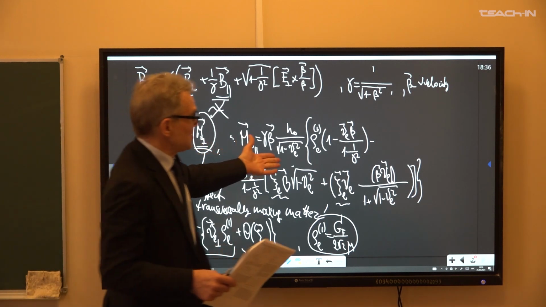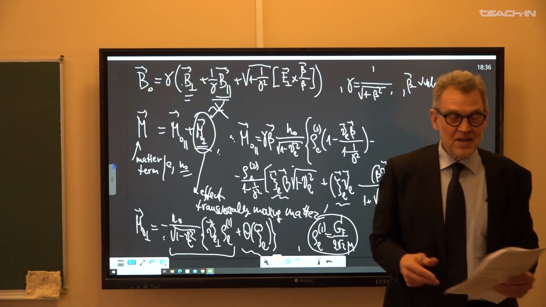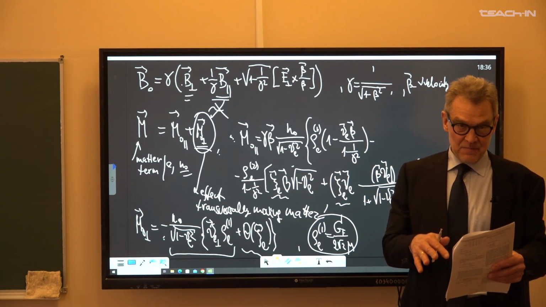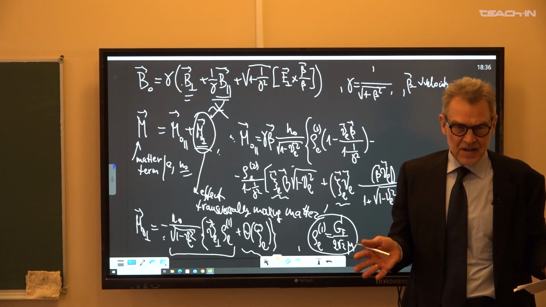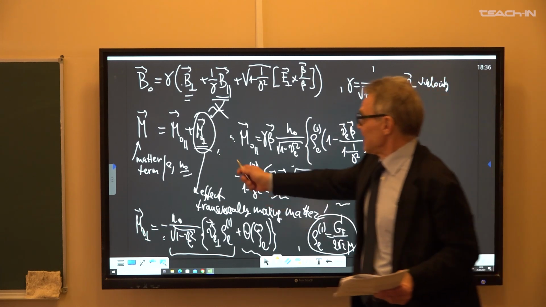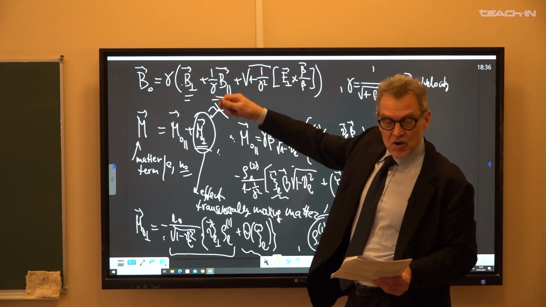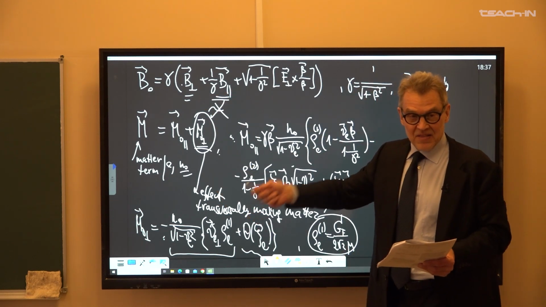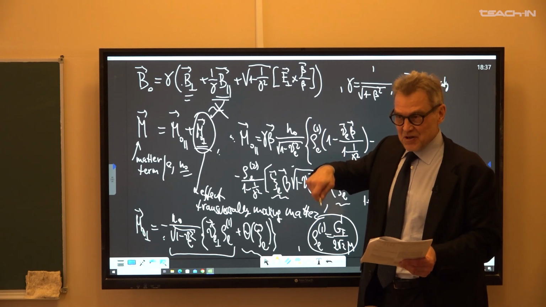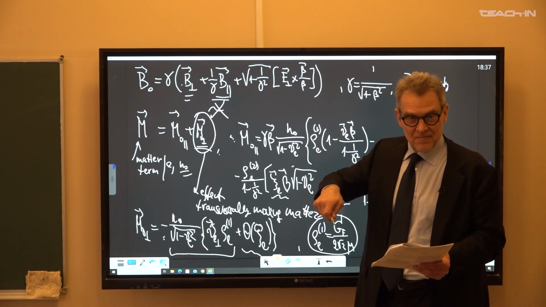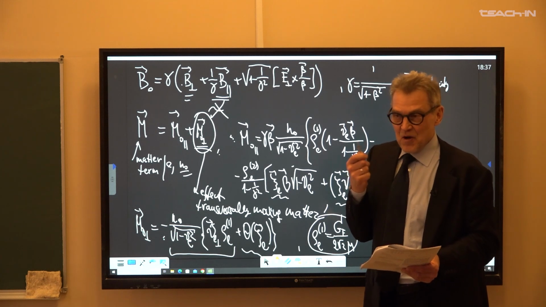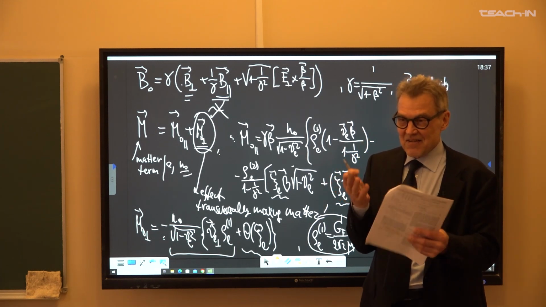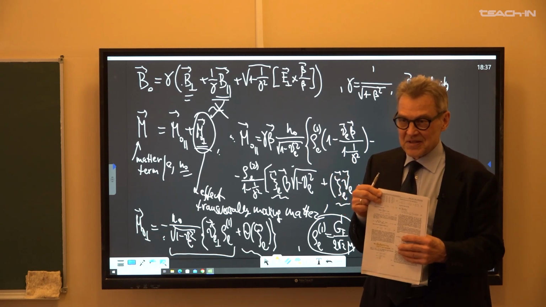So these formulas were not used in our papers. We were sure that everything is suppressed by gamma in the denominator, because gamma is the Lorentz factor. We just neglected it. We wrote the first term plus terms proportional to 1 over gamma, and here also. But the effect is in exactly the terms that are suppressed by gamma. So in our initial papers we had no chance to see this effect.